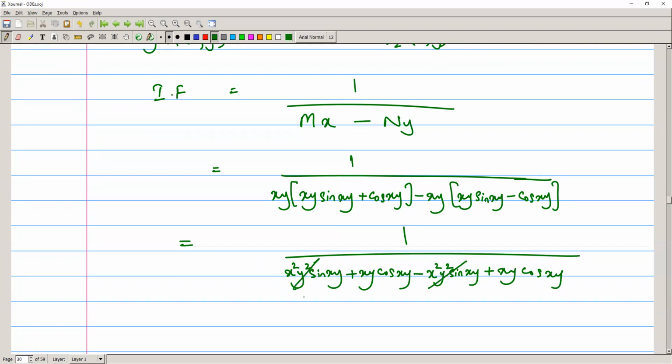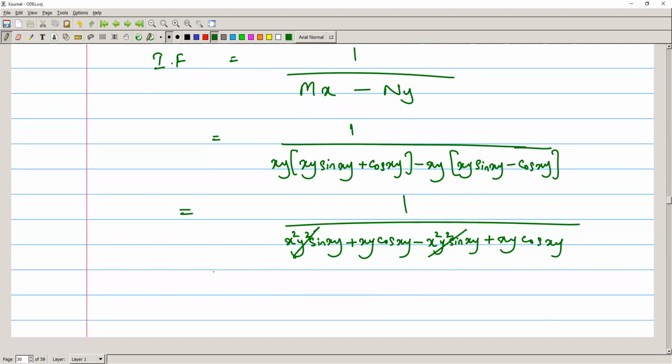This will cancel out and we will be left with 1 over 2xy cosine xy. So this will be the integrating factor for our case.